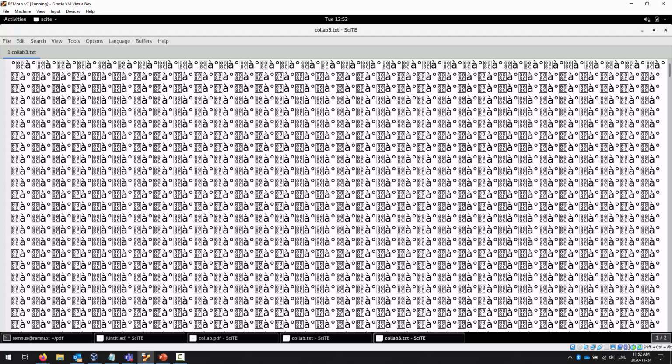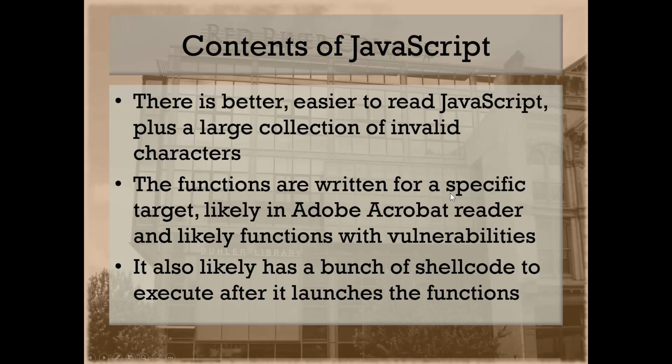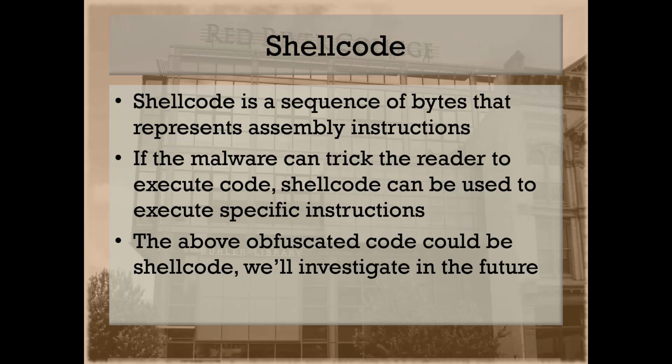It's an easy read what's going on, but there's obviously a bunch of shell code or executable embedded in that as well. And it's represented by a series of bytes that just look like assembly instructions. And to be honest, we could take this assembly and take a look at it in a disassembler. We can take a look at those things as well going forward. Are there any questions? Does that make sense?